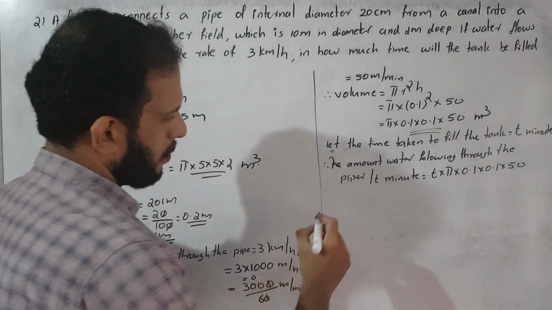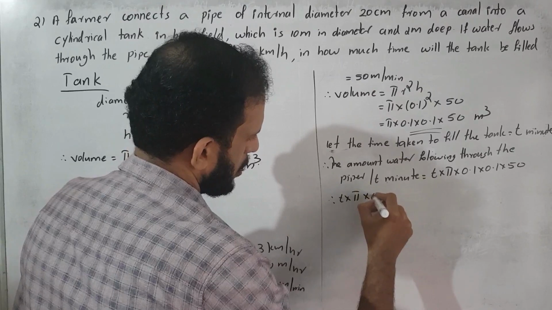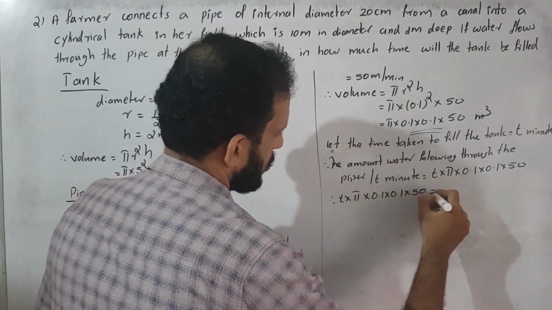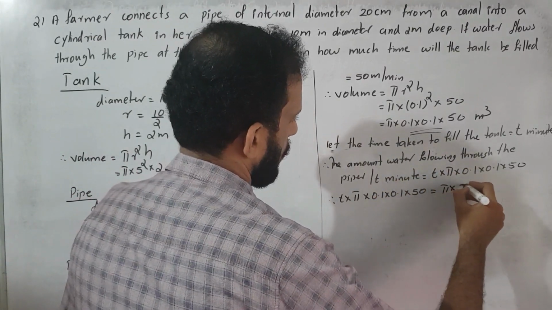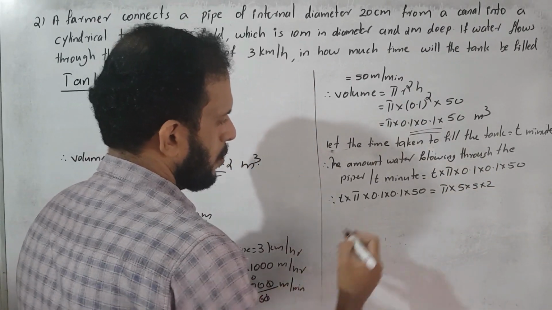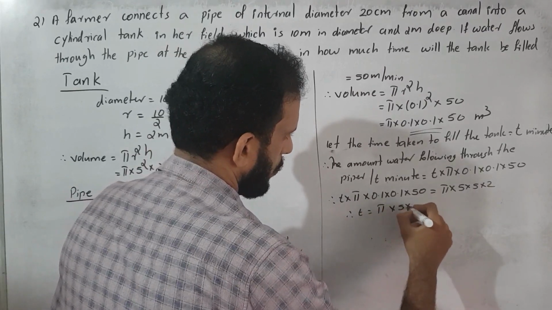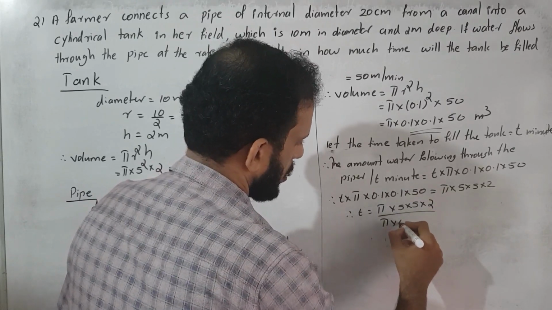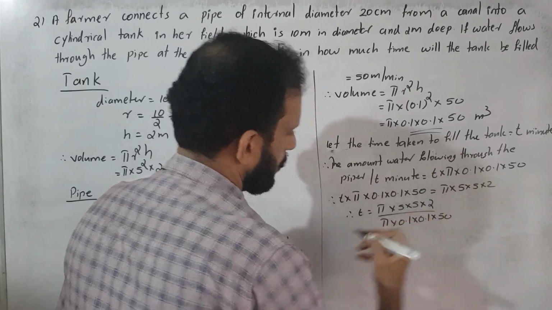Okay, therefore t into pi into 0.1 into 0.1 into 50 is equal to the volume of the tank, pi into 5 into 5 into 2. So therefore t is equal to pi into 5 into 5 into 2 by pi into 0.1 into 0.1 into 50.